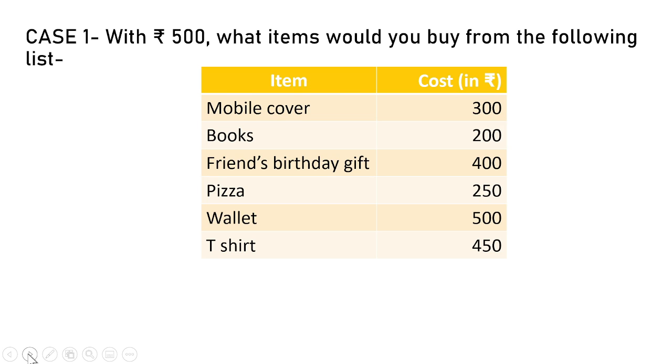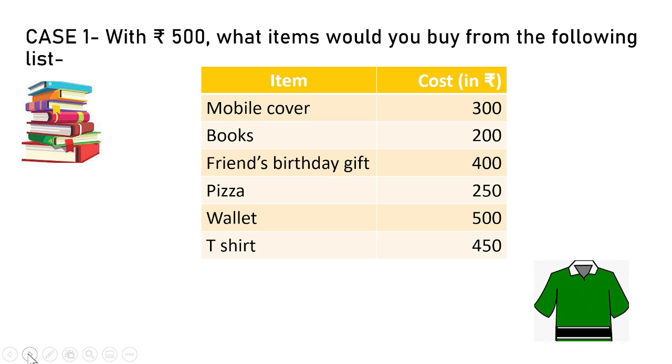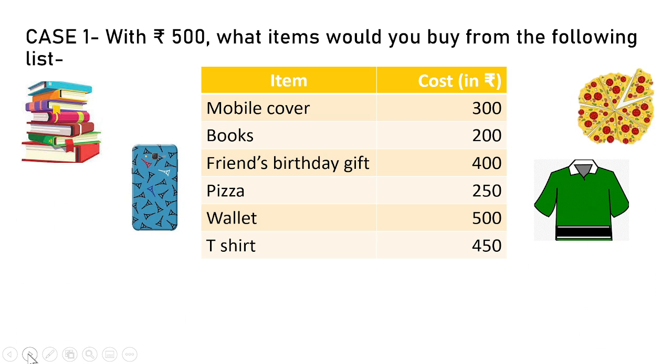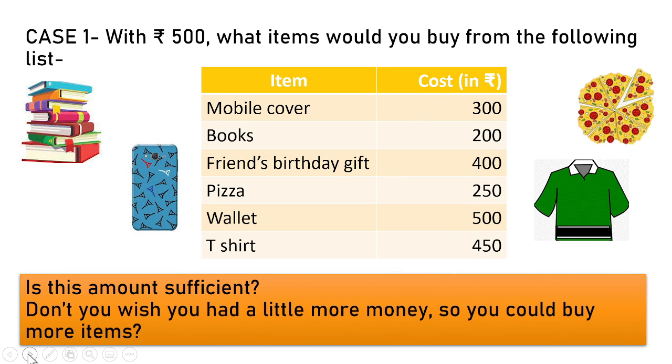But out of all of these things, you can buy maybe one thing or maybe two things, but you cannot buy all of that because you have just 500 rupees. Well, do you think all of this amount that you have is sufficient for you? Don't you think you had a little more money so you could buy more items of your choice?